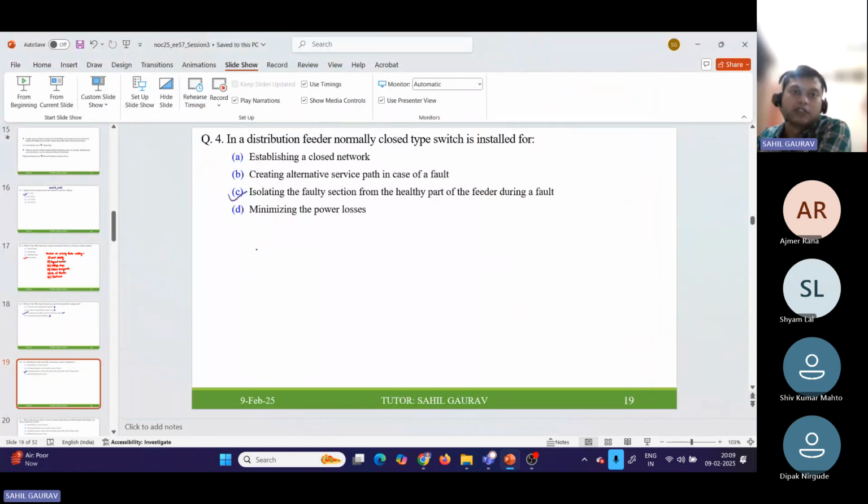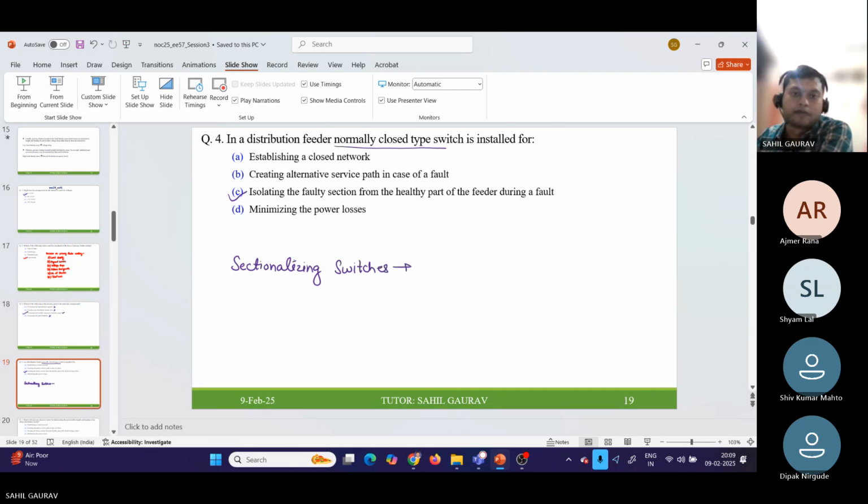So we have seen which one is the normally closed type switch. Sectionalizing switches are of normally closed type.